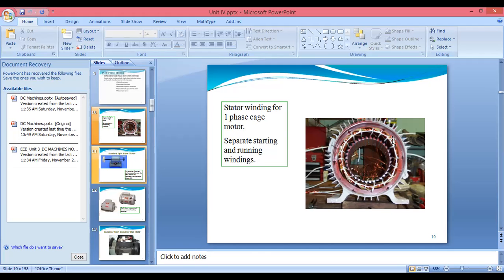After the stator frame, we are using the stator core. We use the core to reduce the eddy current losses, like we have seen in the DC machine. What does eddy current losses mean? If we are giving the power supply and if we have made any wrong connections, we are not giving the power supply accurately, at that time there will be a flow of current.